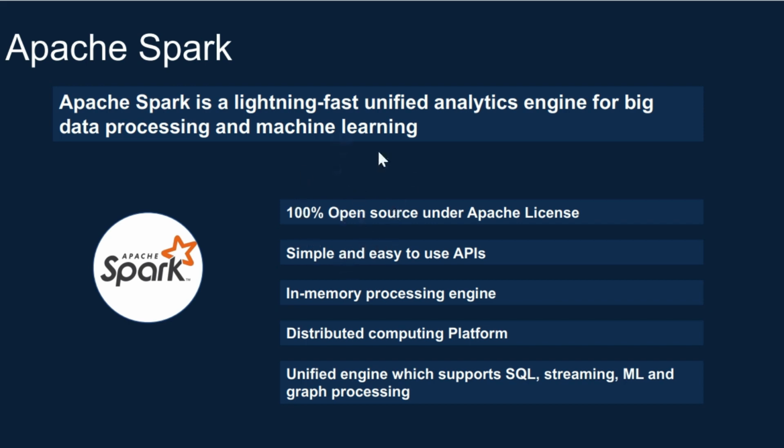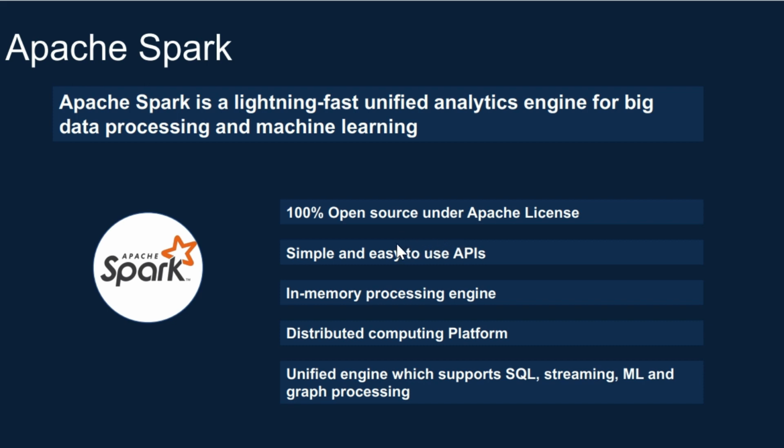machine learning, and it is used by internet giants such as Yahoo, eBay, and Netflix for large data processing of multiple petabytes of data on clusters of thousands of nodes, with simple and easy to use APIs. Spark was built from the ground up to address the shortcomings of Hadoop.